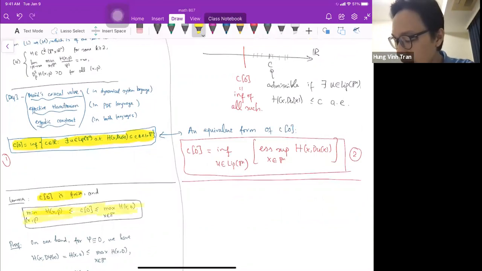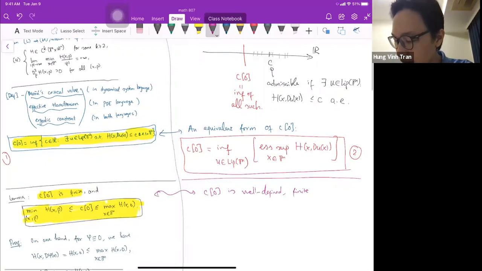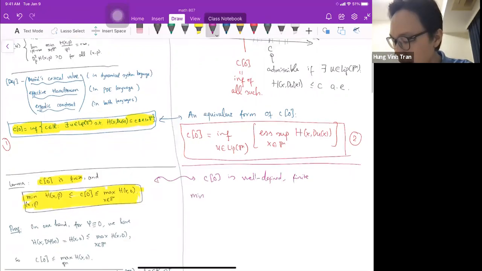In the terms here, C naught is well defined and finite, and let me rewrite it here because I'm going to use it. You take the minimum over all x and p. This is less than or equal to C naught, which is less than or equal to the maximum over x in the torus of H of x, 0.